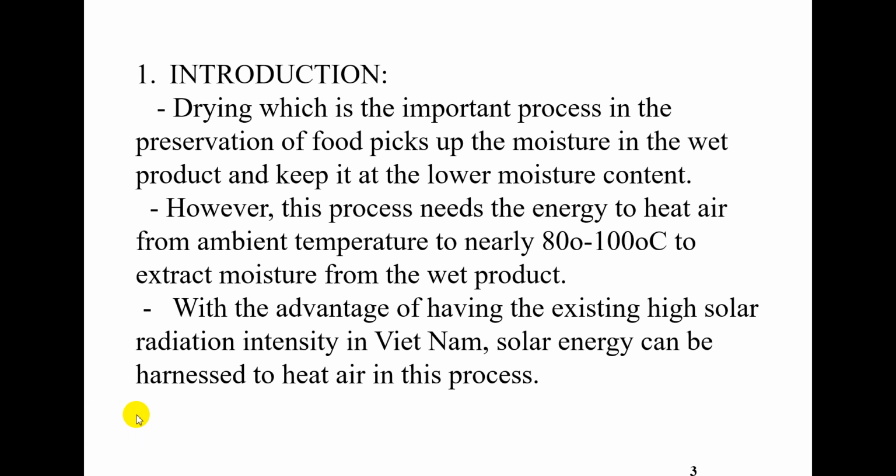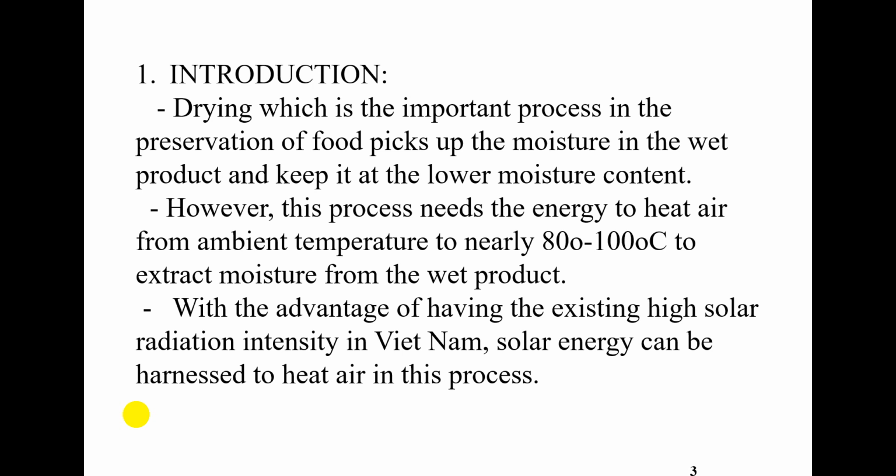The first one, introduction. As you know, drying is an important process in the preservation of food. It picks up the moisture in wet product and keeps it at a lower moisture content.